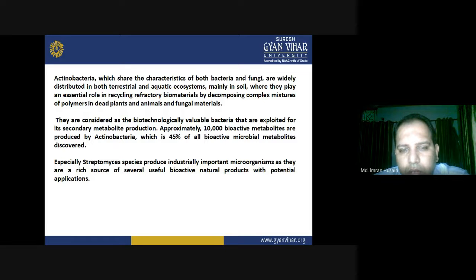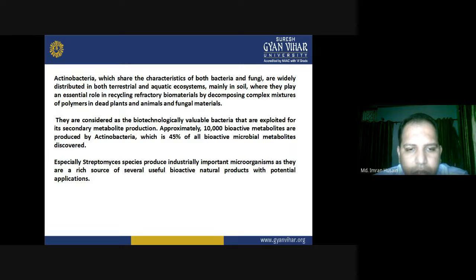So this significantly contributes towards the research aspect and the research scope of actinobacteria and the direction things are going. Especially Streptomyces species produce industrially important microorganisms, as they are a rich source of several useful bioactive natural products with potential applications.